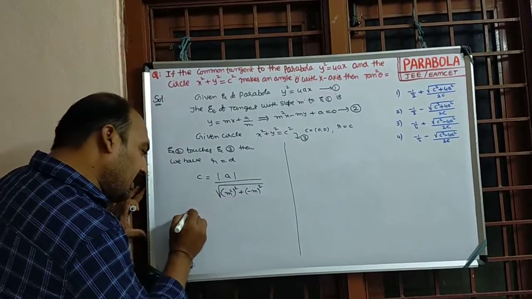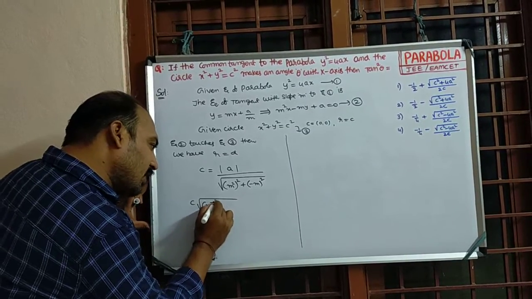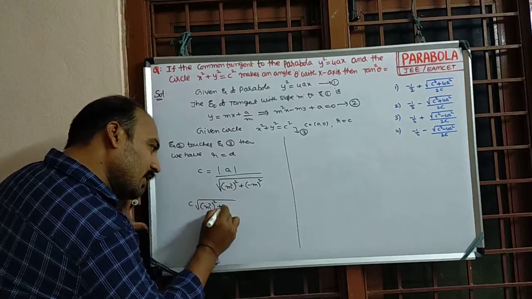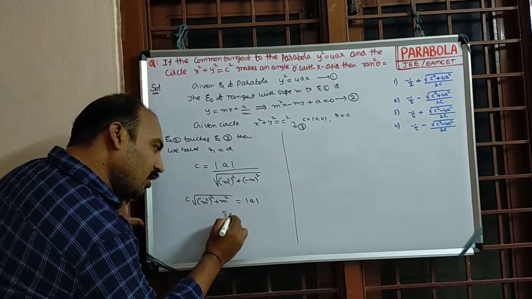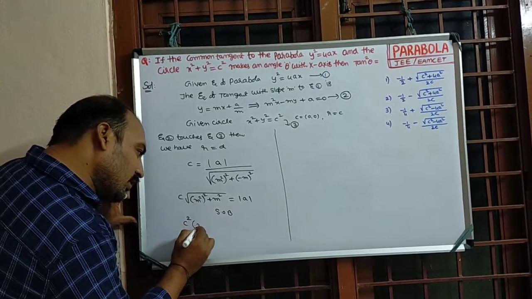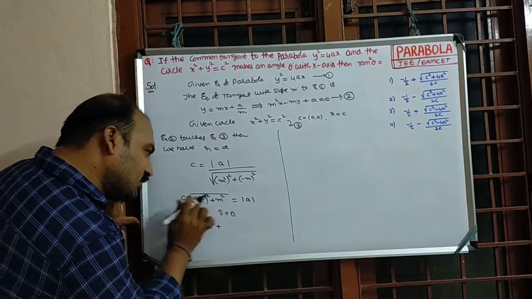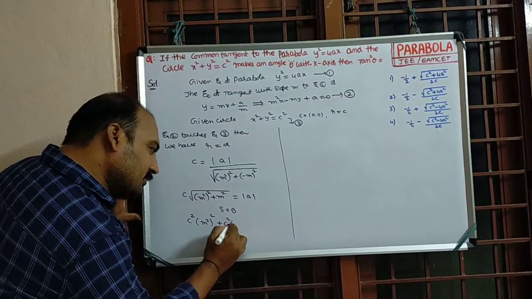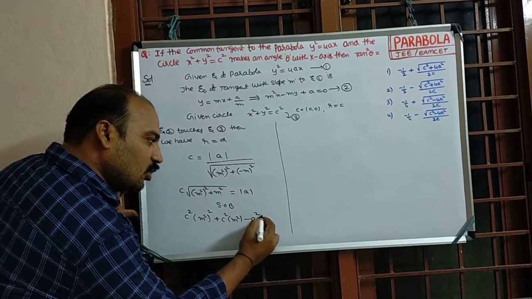So cross multiplying, c into square root of m square whole square plus minus m whole square means m square is equal to mod a. Squaring on both sides, c square into m square whole square plus c square into m square, that a square we can take this side, equal to 0.